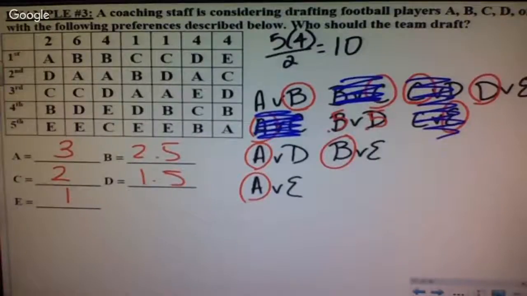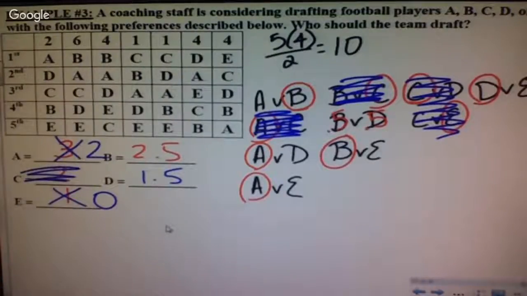So, now that we recount, A is now down to 2 points. B now has 2.5. That one didn't change. C is out. D now has 1.5. It didn't change. And E now has nothing. Okay.